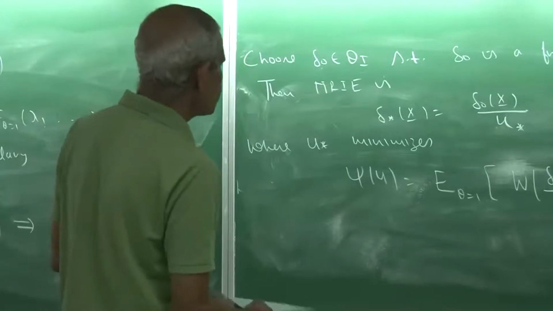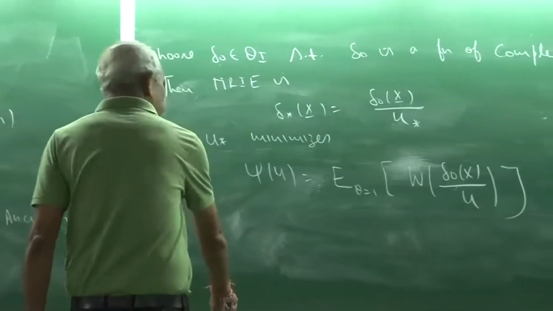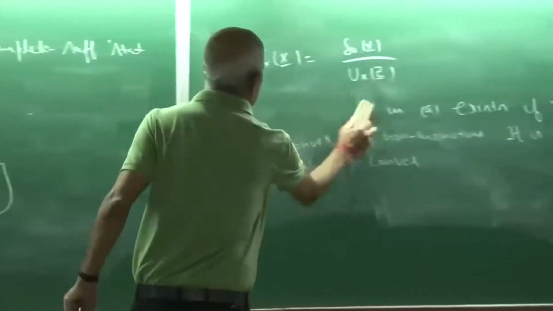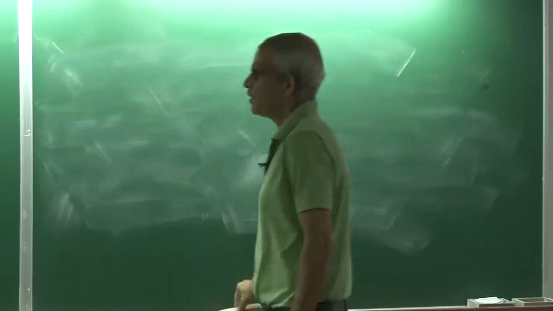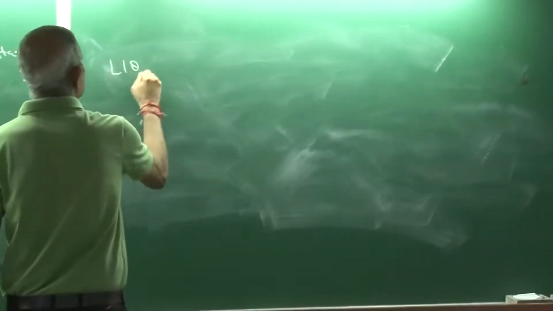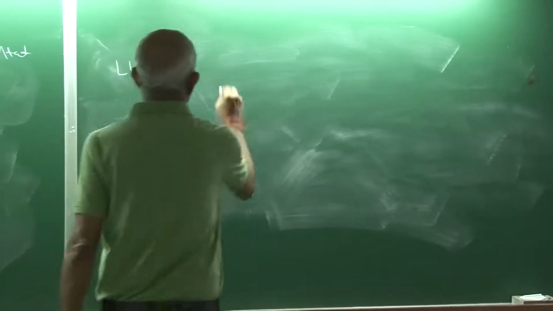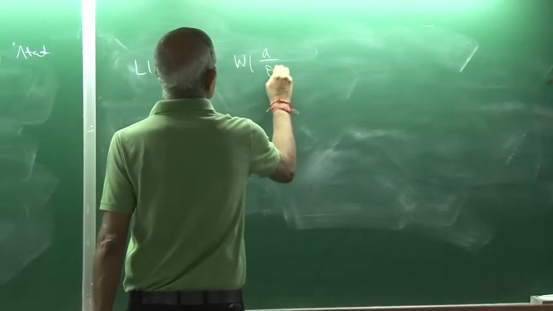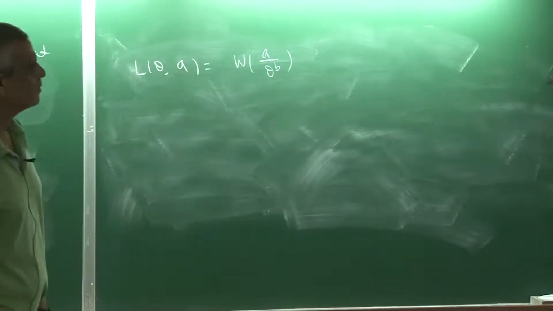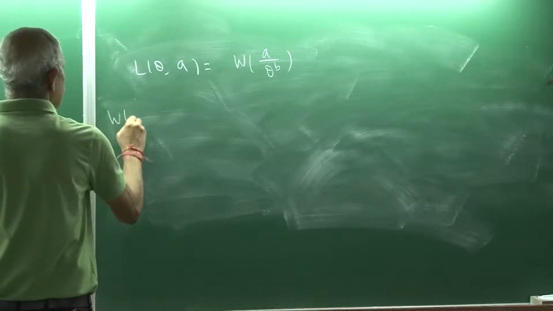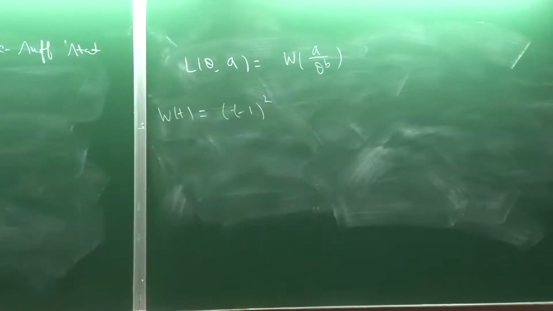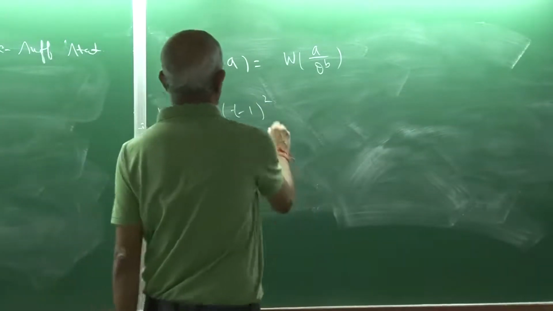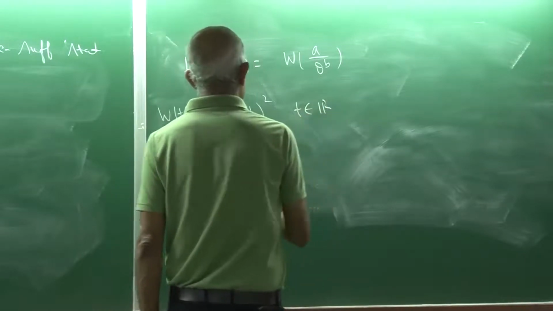So let's try to see some loss functions which make sense over here. My L theta A is nothing but W of A by theta to the power B. So one such loss function could be W of T is the same as T minus 1 whole square, T belongs to R. This is certainly convex.